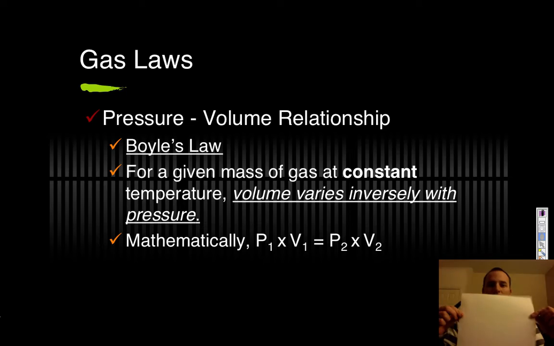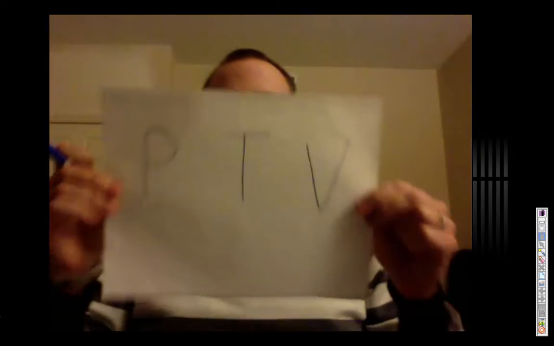So I want you to get a regular white piece of paper like this, and I want you to write in huge capital letters P, T, V, just like this. Okay, and underneath P, we're not going to write anything yet, and underneath V, we're not going to write anything yet, but this Boyle's Law keeps temperature constant.